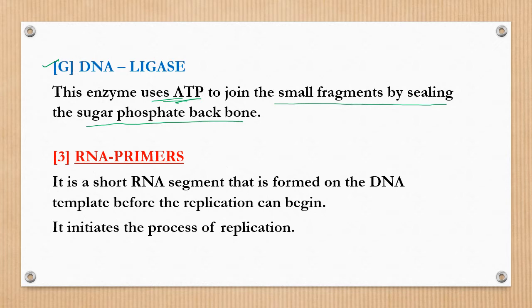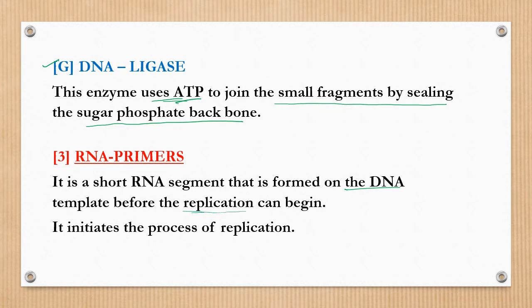The next, third requirement. Till now we discussed enzymes. Now the third one is RNA primer. Already this RNA primer is synthesized by the RNA primase or RNA polymerase enzyme. Now what is an RNA primer? It is a short RNA segment that is found on the DNA template before the replication can begin.